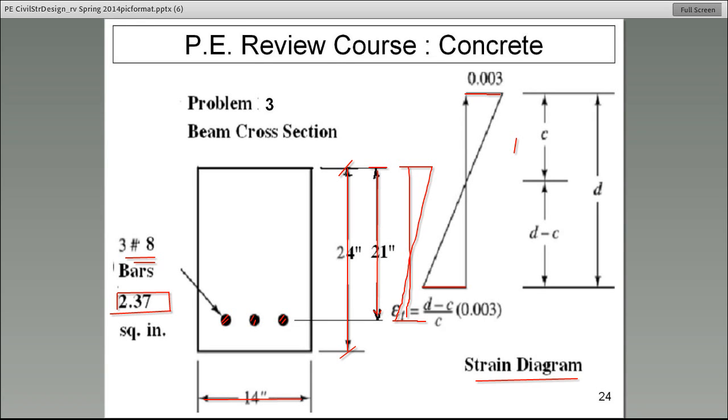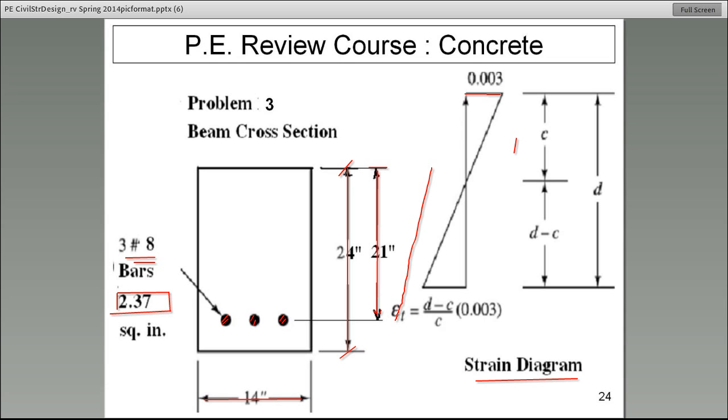Do you remember we talked about 0.003? The significance of the 0.003 is that ACI assumes that if the strain in concrete reaches 0.003, we have reached failure. Or I shouldn't say failure. It reaches the ultimate value that we allow it to reach.